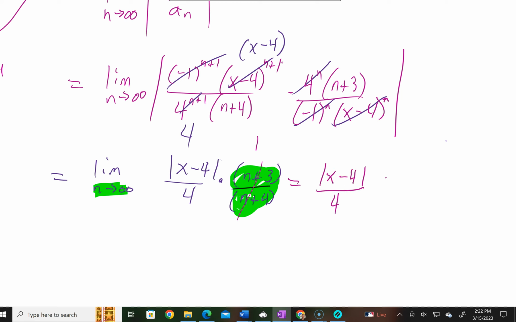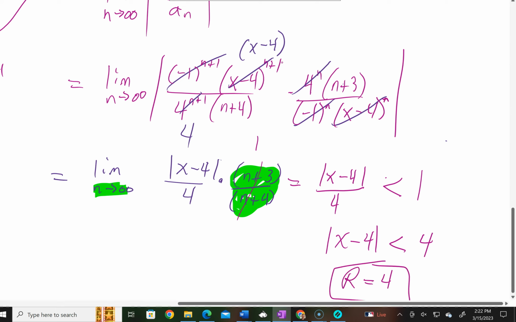To converge, we want that to be what? Less than 1. And guys, right now, if I multiplied by 4, I can tell you your radius is 4.